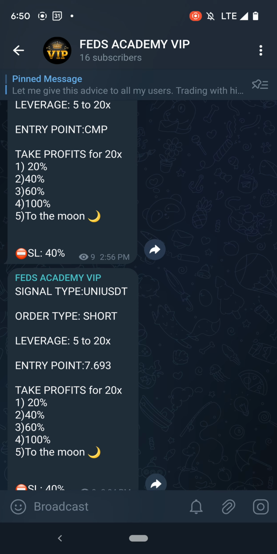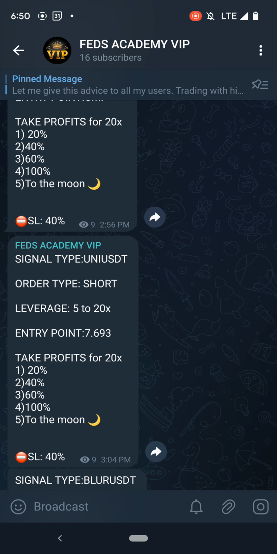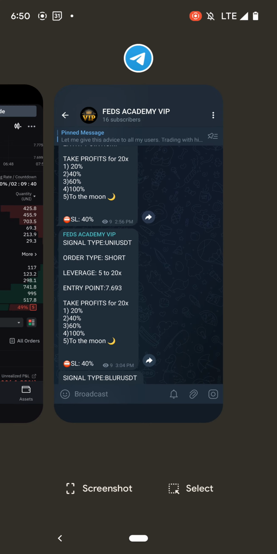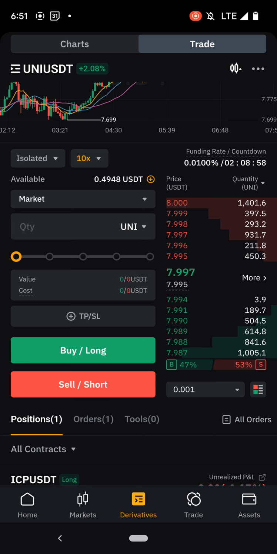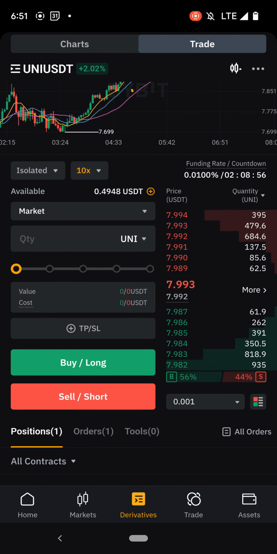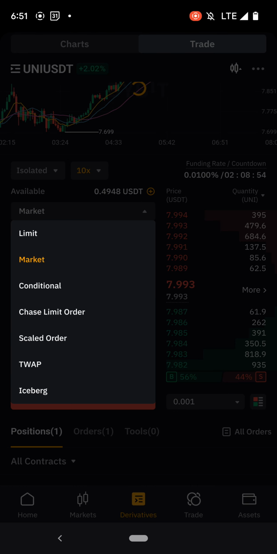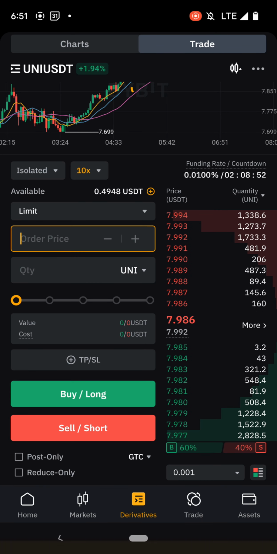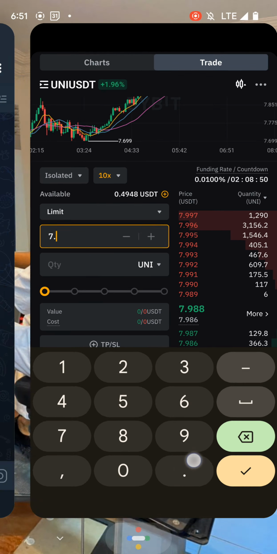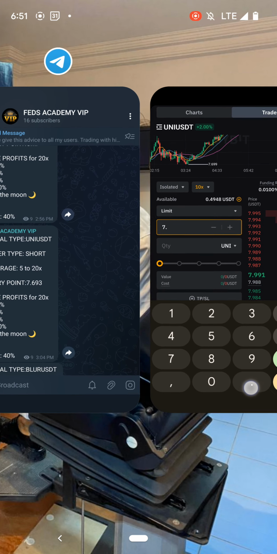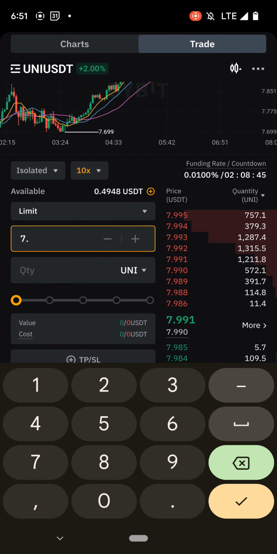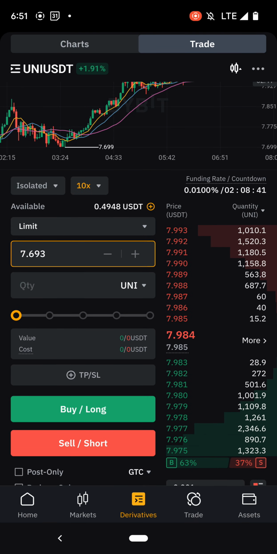Short will just come as a result of you searching your uni USDT, putting your leverage, then you put your entry point. The entry point says 7.693, so I'll simply come here. I'm going to change it from market now to limit, since it is a limit price, and then I put 7.693. That's my limit. As you can see it up here, limit.